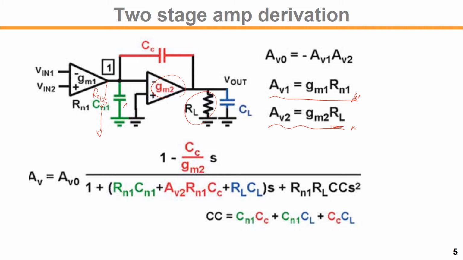Considering the Cn1, we can derive the equation, and the voltage gain looks like this. On the bottom we have 2 poles, and on the numerator we have 1 zero, which is a positive zero.